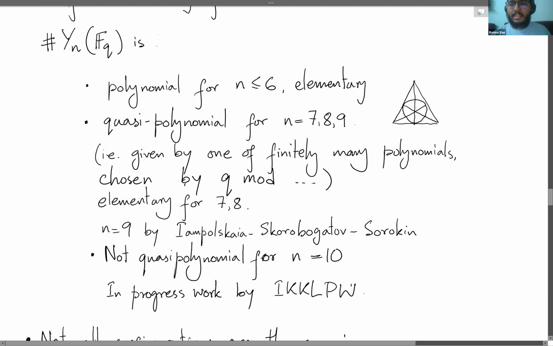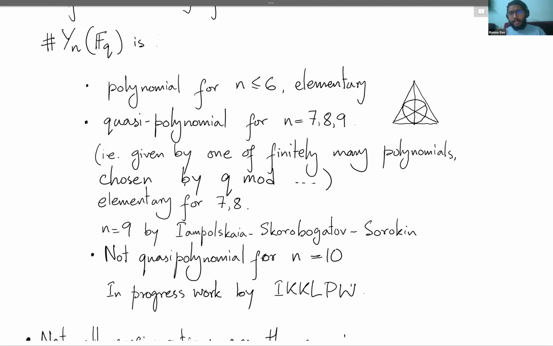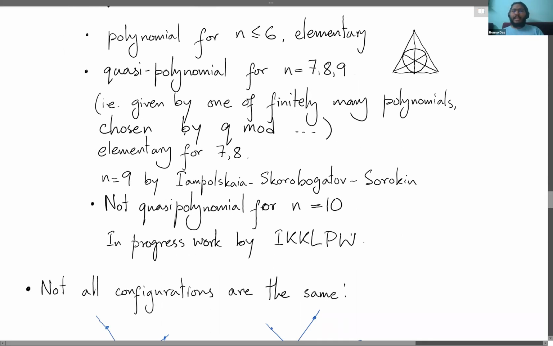So this configuration doesn't exist over R^2, so I have to draw that 7th line as a circle, but it does exist over a field of characteristic 2, and so that shows up in the count somehow. You have to adjust for this configuration being possible or not possible, so you have to care about whether q is 2 or not, even or not. And in the same way, for n equals 8 or 9, you have to care about other configurations that can only exist over certain characteristics.